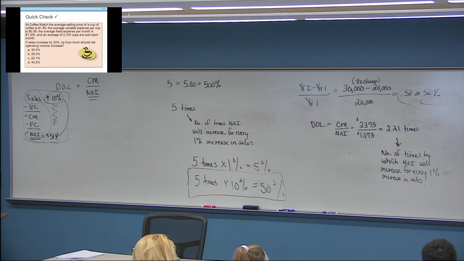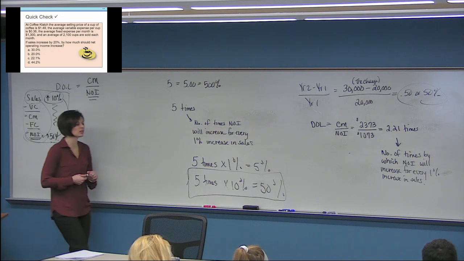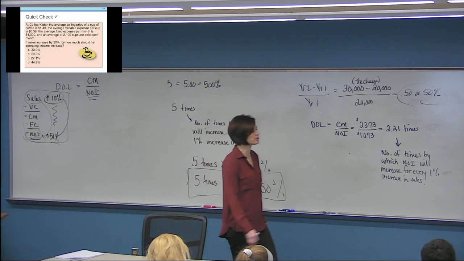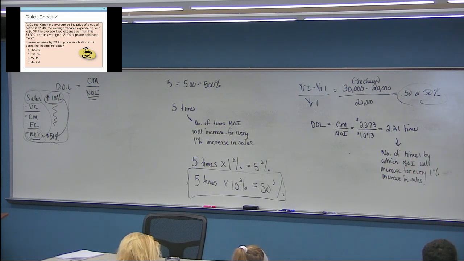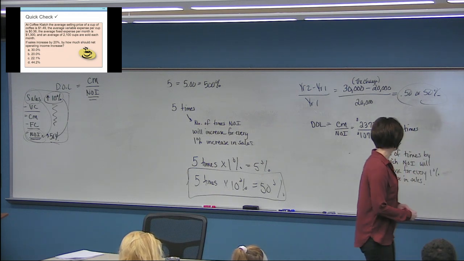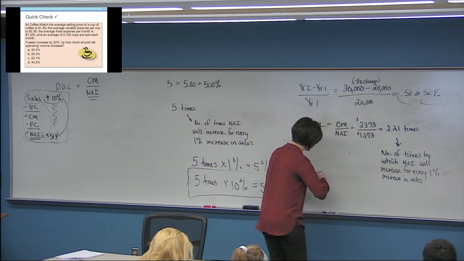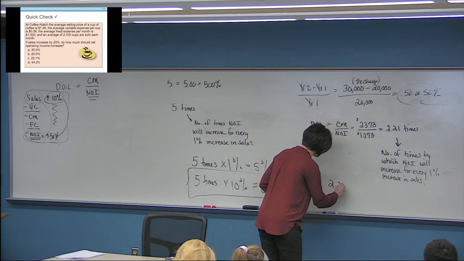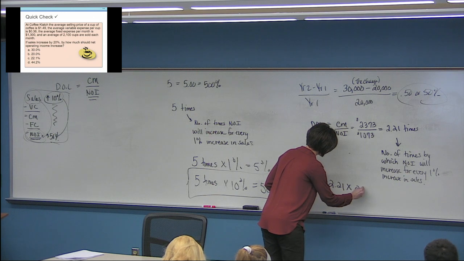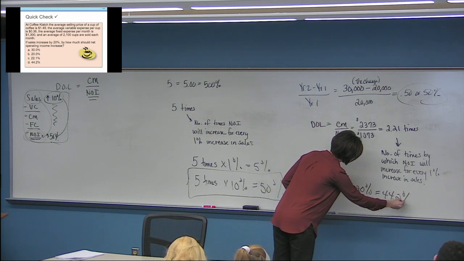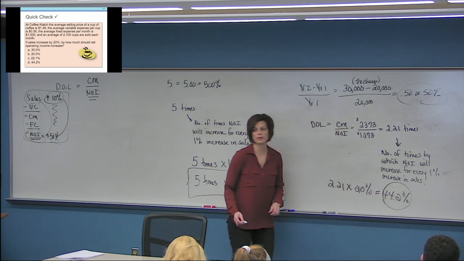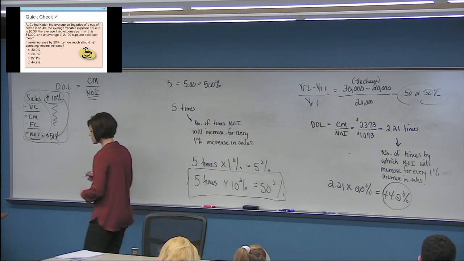So if Coffee Klatch is able to increase its sales by 20%, by how much should net operating income increase? Well, all I need to do is take that 2.21 and multiply it by 20%. I don't even need a calculator. I get 44.2%.